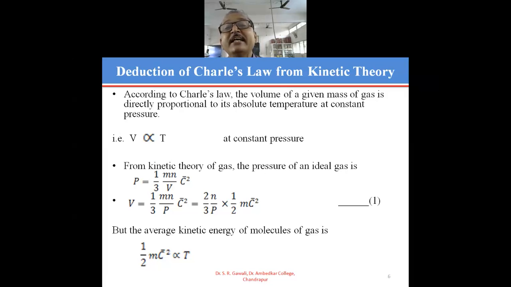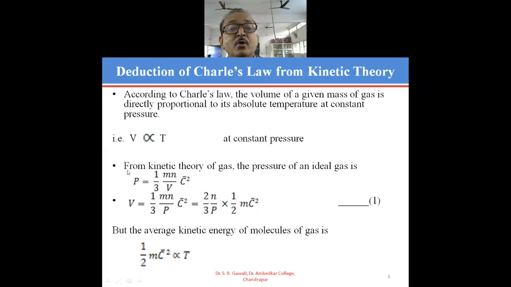According to the Charle's law, the volume of a given mass of a gas is directly proportional to the absolute temperature at constant pressure. So, mathematically we can write this Charle's law as V is proportional to T, where V is the volume, T is the absolute temperature of the gas, at constant pressure.